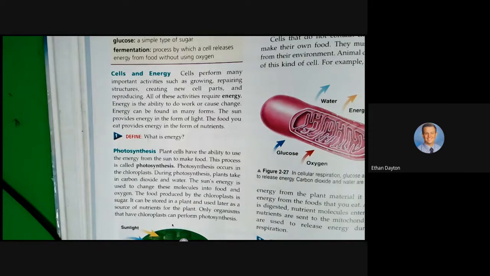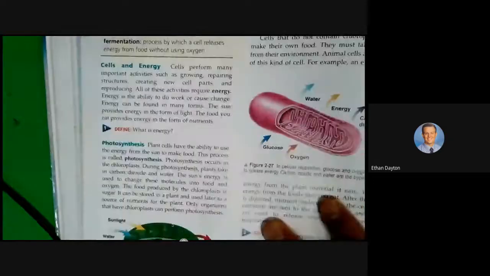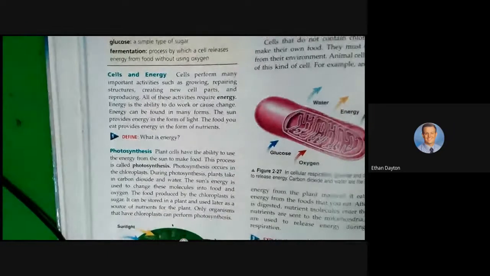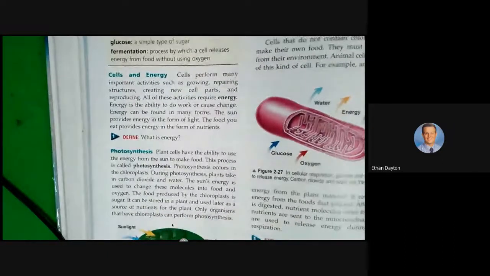The sun provides energy in the form of light. The food you eat provides energy in the form of nutrients. And then the question asks, what is energy? Energy is the ability to do work or cause change. You don't have to answer that. Remember, we only answer the questions on the odd pages. So right now we're on page 54, which is even, and we answer the questions on the odd, the checking concepts and thinking critically.